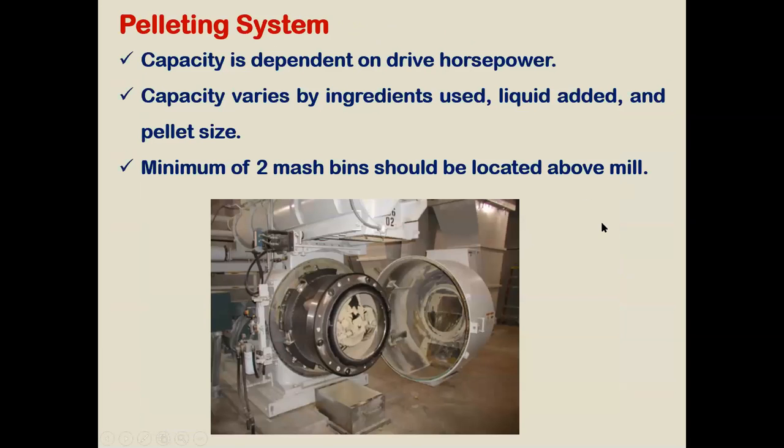Pelleting system: here you can see how pellets are made in the feed mill plant. This is the pellet unit, and the size of the pellet unit depends on the capacity of the plant, how many tons per hour need to be produced by that particular plant.